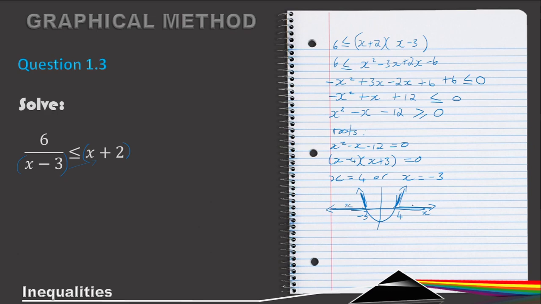So x lies here and here. Meaning, if we put that into inequality notation, x will be less than or equal to, because it says greater than or equal to 0, meaning our roots are included in this one. X is less than or equal to negative 3, or x is greater than or equal to 4.